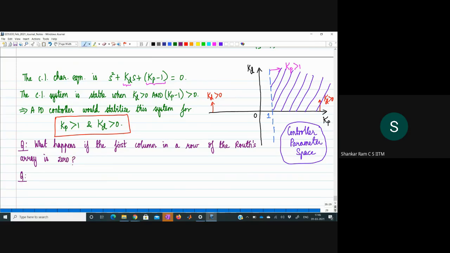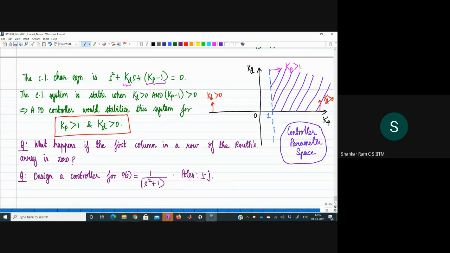Question number 2, which I want you to try out, and we will discuss tomorrow, is the following. I want you to consider a plant whose transfer function is 1 by S squared plus 1. So you can immediately see that the poles of this plant are at plus or minus j, a pair of poles on the imaginary axis.